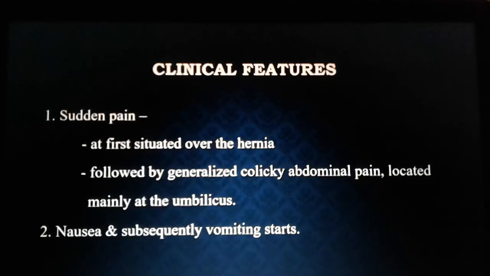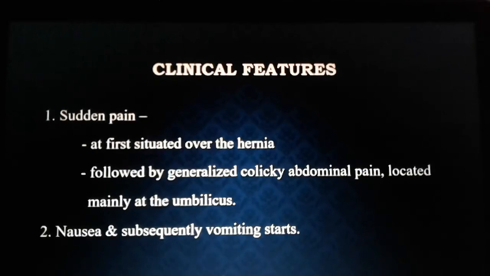Then these patients may have nausea during strangulation, and subsequently start complaining of vomiting. Various vomiting episodes may be there. So pain, then nausea, vomiting, and the third thing is there may be an increase in hernia size as time passes.